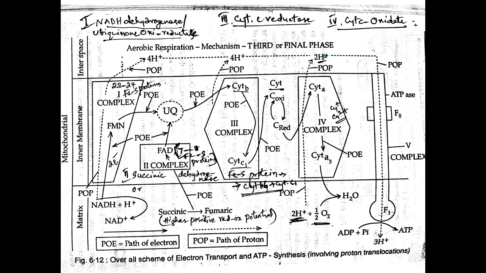In total we have 10 protons, so 3 ATP are formed for each NADH. Oxidation of each NADH yields 3 ATP, and for each FADH we have only 6 protons, and since each ATP is formed by the flow of 3 protons, a total of 2 ATP are formed from FADH.